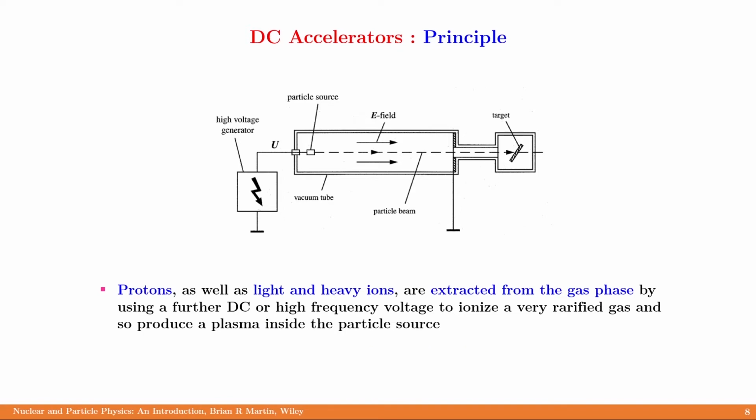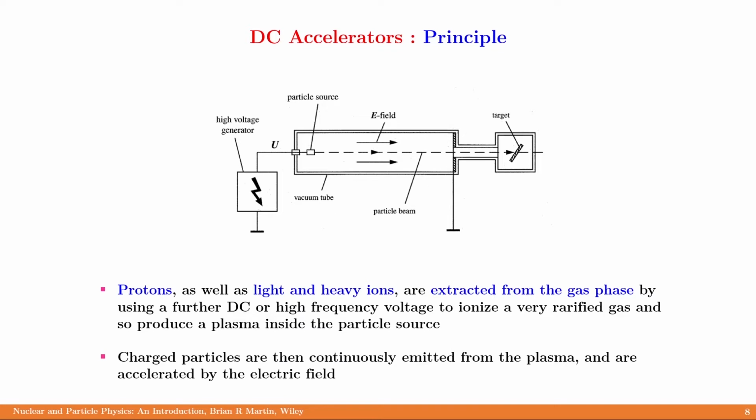Protons as well as light and heavy ions are extracted from the gas phase by using a further DC or high frequency voltage to ionize a very rarefied gas and so produce a plasma inside the particle source. Charged particles are then continuously emitted from the plasma and are accelerated by the electric field.